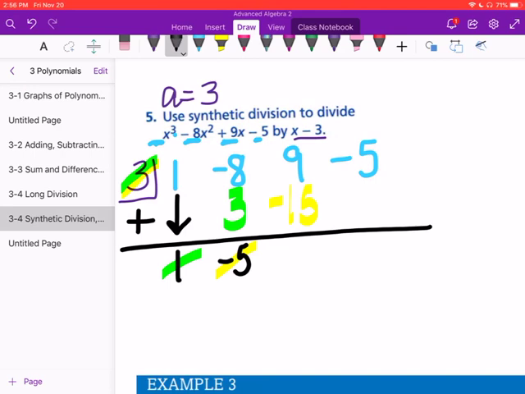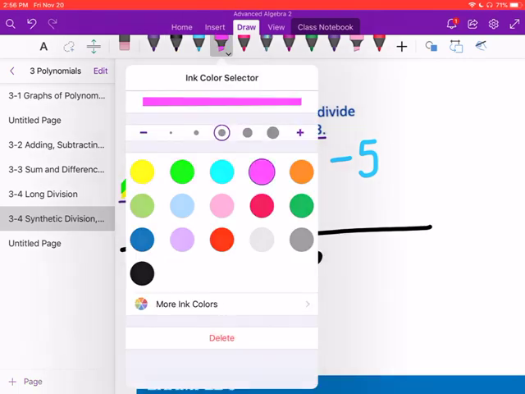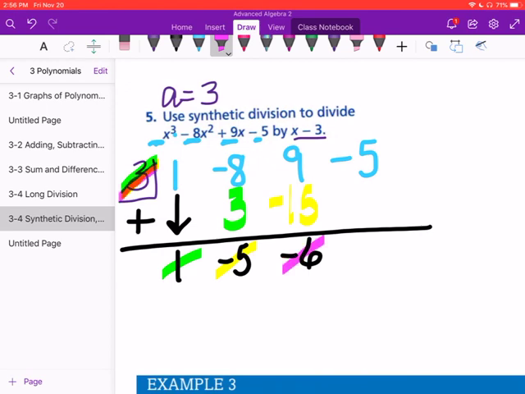And 9 minus 15 is negative 6. Then I'm going to multiply again, negative 6 times 3 to get negative 18. And negative 5 minus 18 is negative 23.